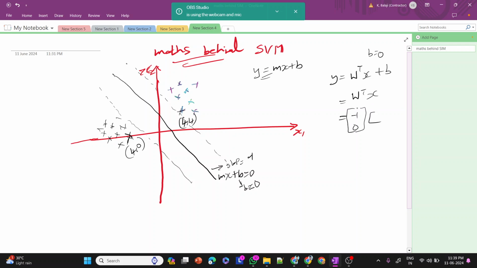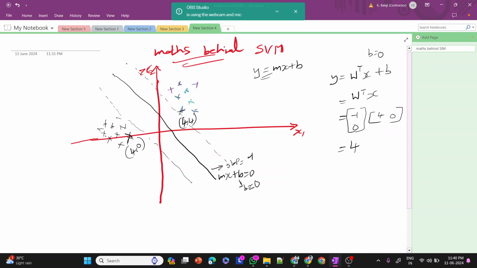We need to apply this formula to this point. Here we indicate the point as (4, 0). After we do matrix multiplication on these points, we can get 4.